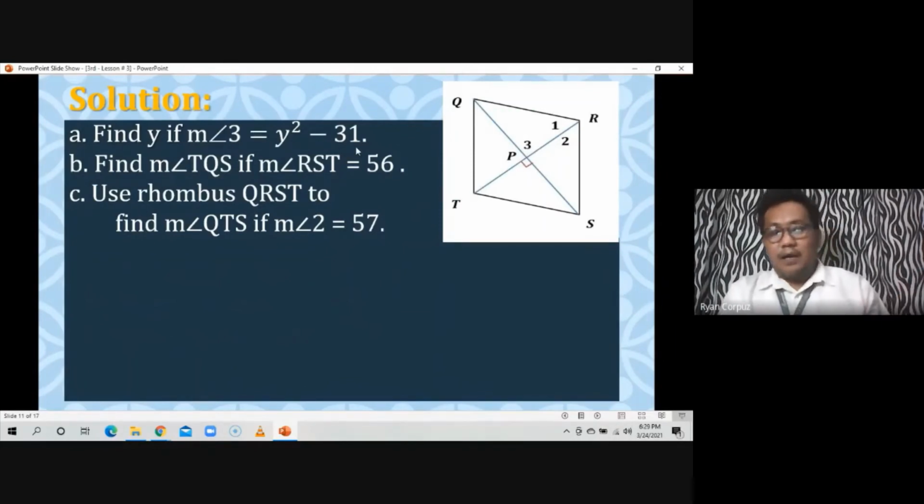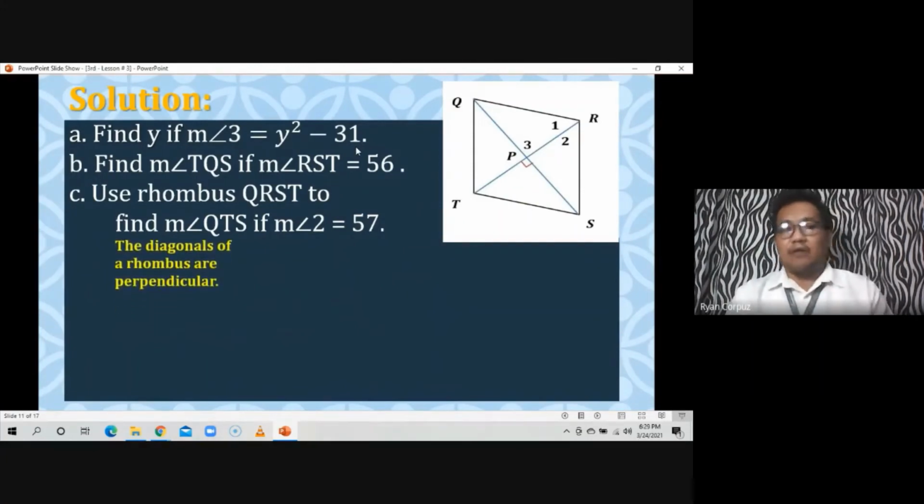One property of a rhombus that we mentioned, which helps us answer the value of y, is that the diagonals of a rhombus are perpendicular. So when you draw the diagonals of a rhombus, it forms a 90-degree angle.